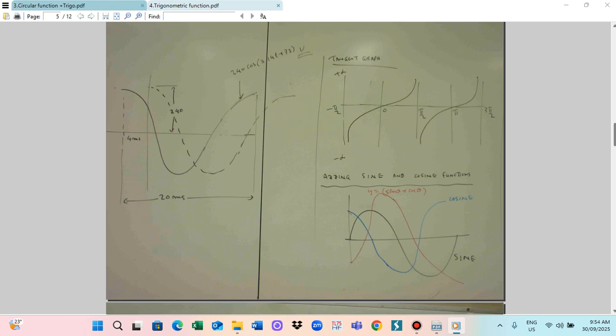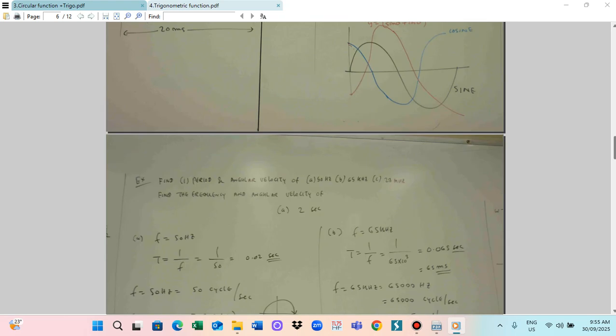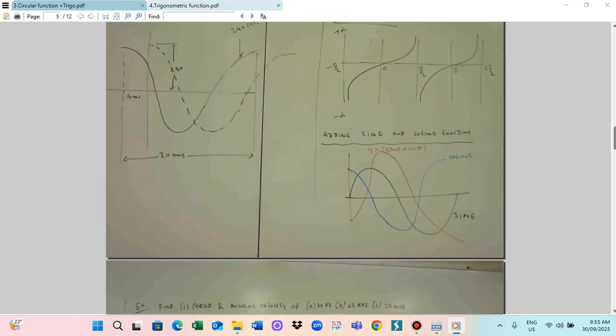This one starts from here. So that graph will be the addition. So this is the graph mainly for sin θ plus cos θ. The sin and cos addition graph is the red one.